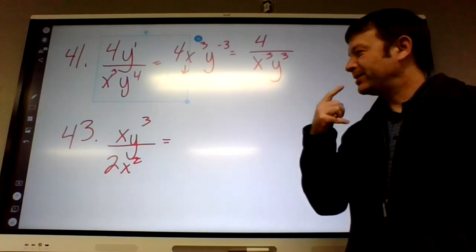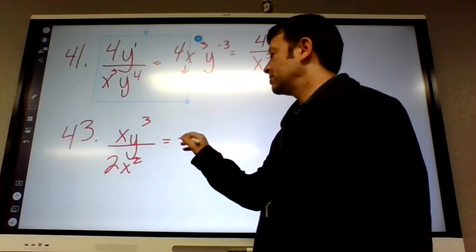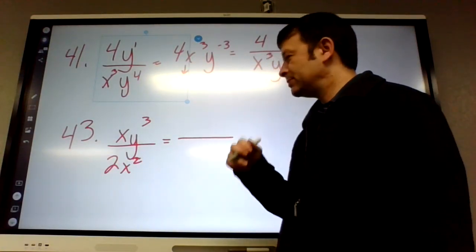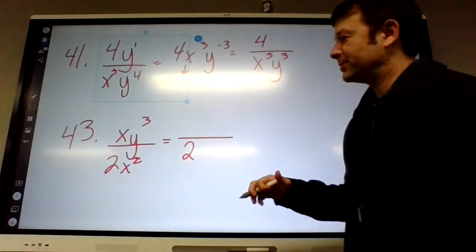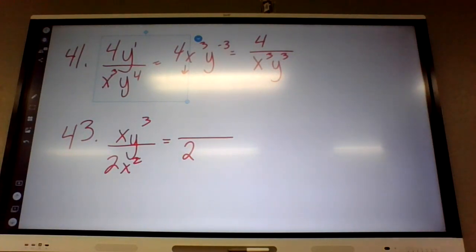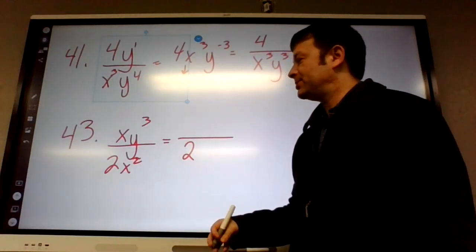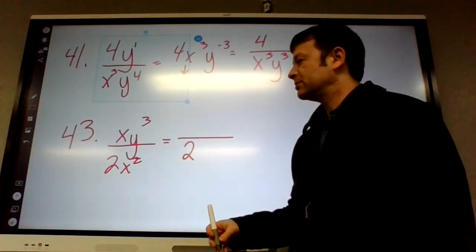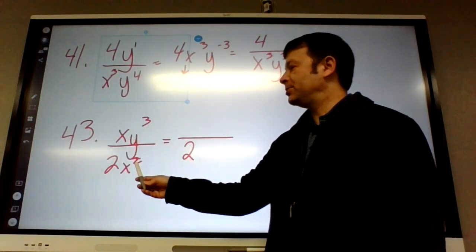I don't know. Okay, what do you think, let's start with the number. What do you think we're gonna do with the 2? Put it on top. No, nothing is the correct answer. The only time you flip it to the other side is if it's a negative exponent. Okay, how many x's do we have? -1. Right, 1 minus 2 is -1.